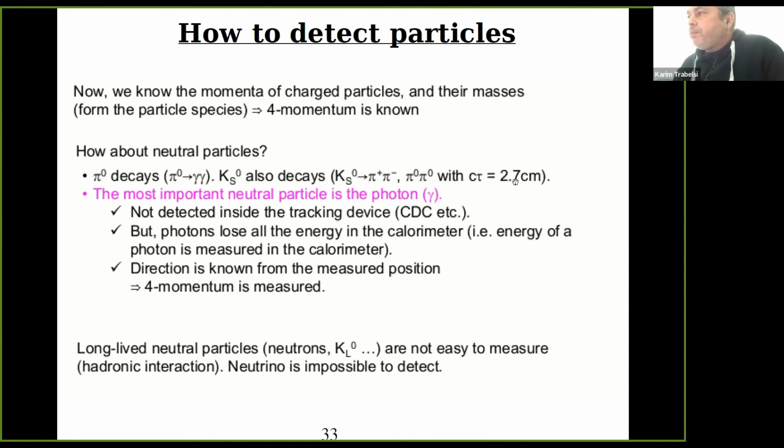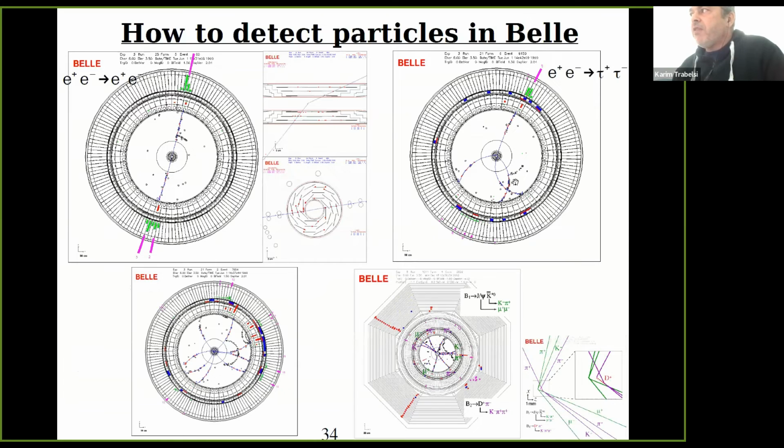I put some illustrations here of event displays to show this is real data, from the very early Belle experiment. And you can now really apply the very simple recipes that I showed earlier to understand the event you are seeing, event by event.